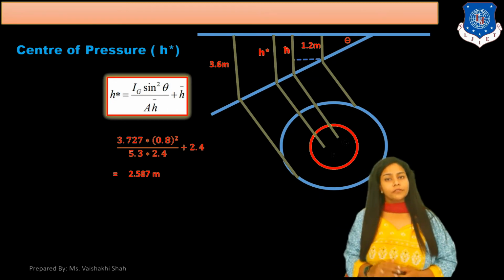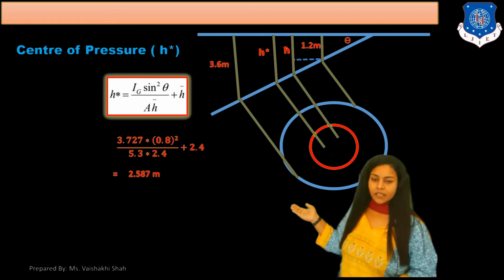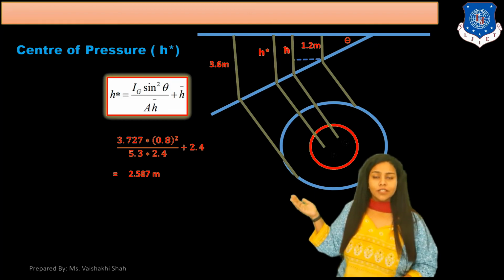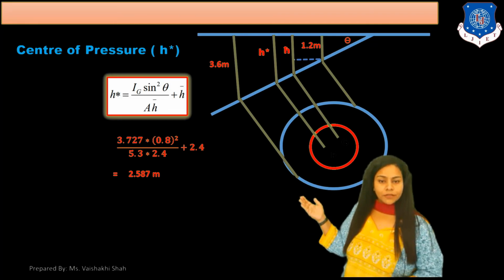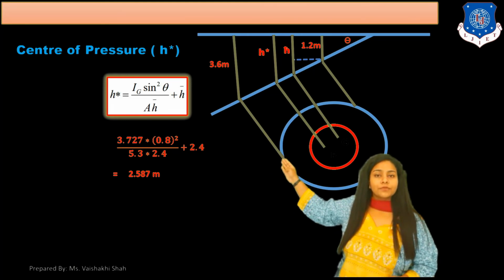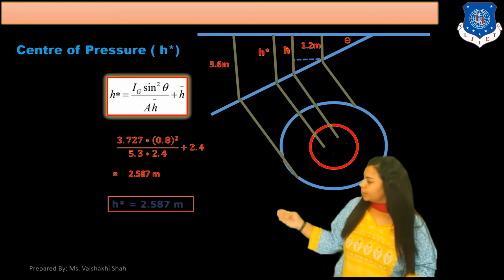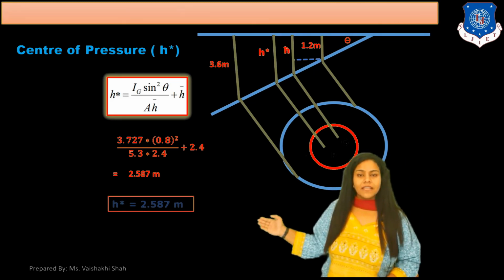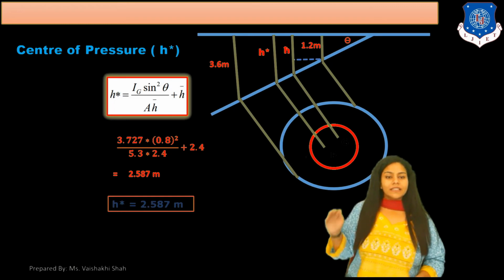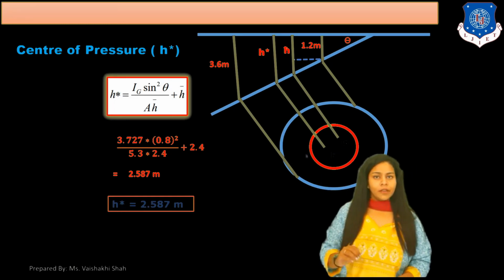Ig is 3.727, sin theta is 0.8 so 0.8 square, divided by 5.3 into 2.4, plus 2.4. So your final answer for h star is 2.587 meter. This is the distance of the center of pressure from the free surface of the body.